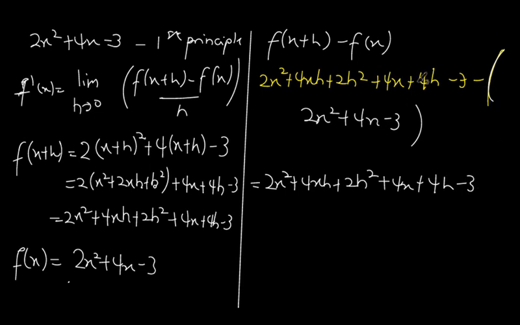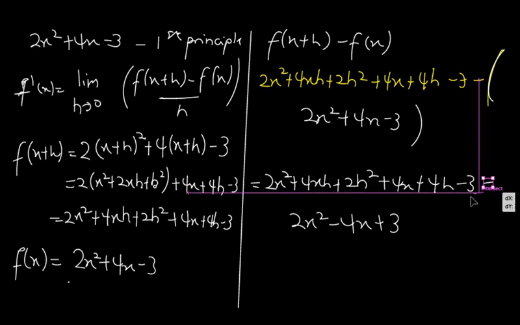Now the negative outside this function will affect everything in the bracket. So we have minus 2x squared, then minus 4x, then plus 3. Okay, so from here we can see that this negative, let me bring this negative down here.